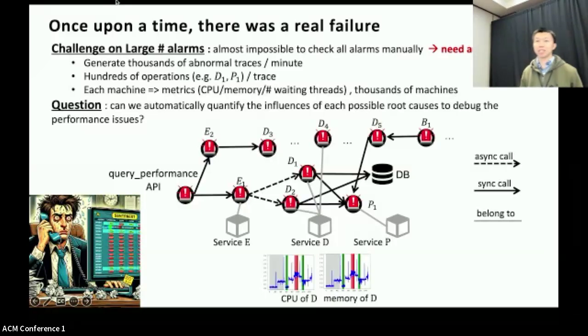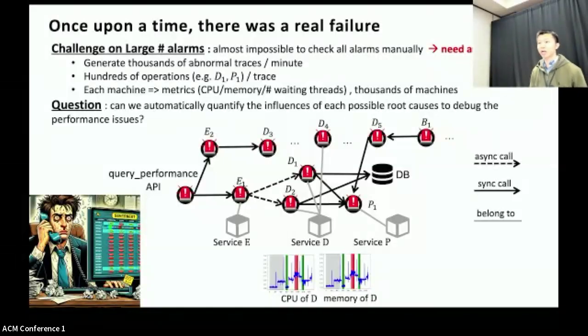He just didn't know how to deal with such a large number of alarms, because it is almost impossible for him to check all the alarms and all the system components, and there are thousands of abnormal traces arriving on the fly. And at the end of the story, unfortunately, this failure lasted for several hours.